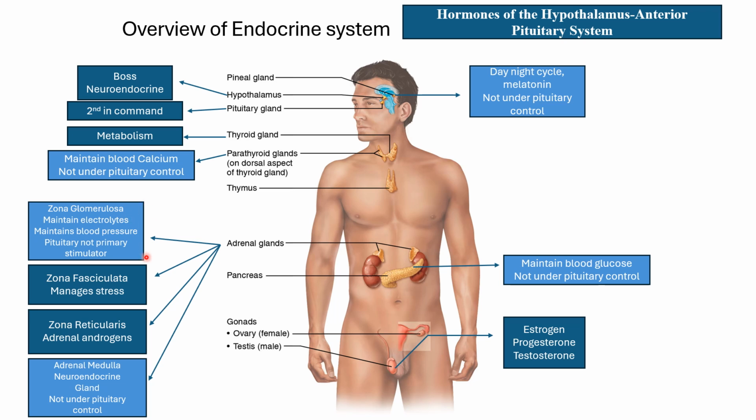Under stress conditions, the ACTH secreted by the pituitary gland becomes important in secretions of the zona glomerulosa. But under normal conditions, it responds to low blood volume, low blood pressure, low sodium and high potassium.